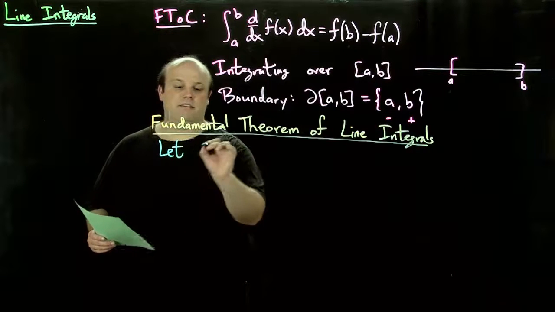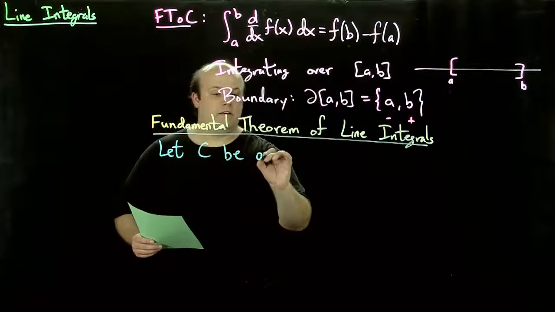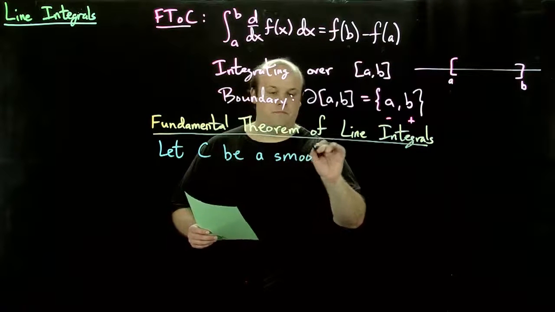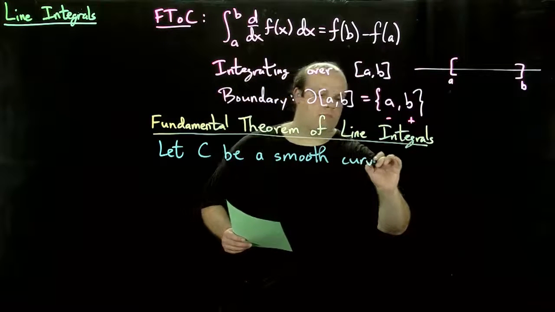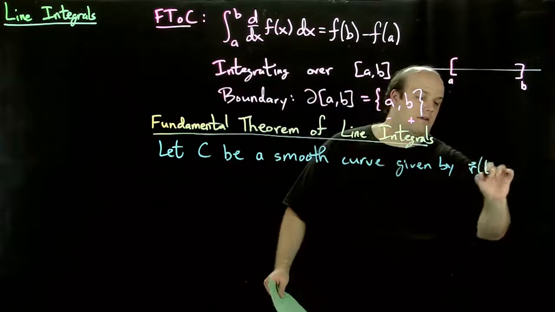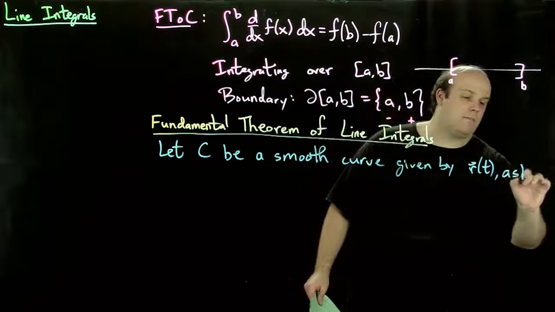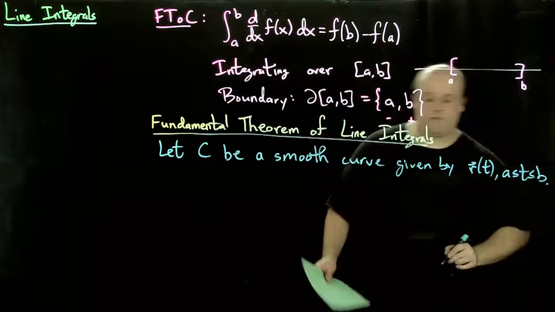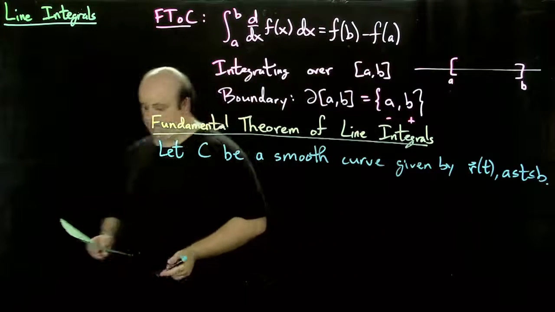So let C be a smooth curve given by r of t from a to b. Okay?